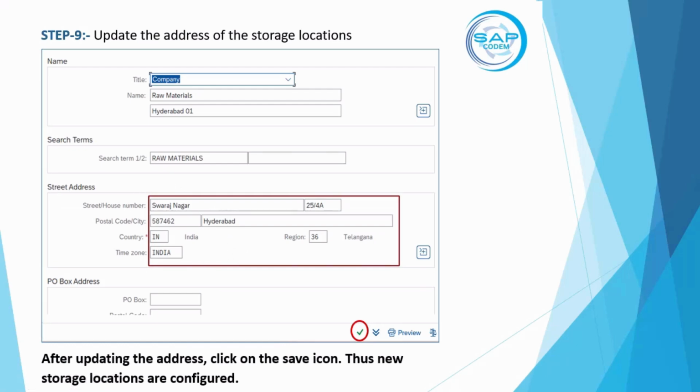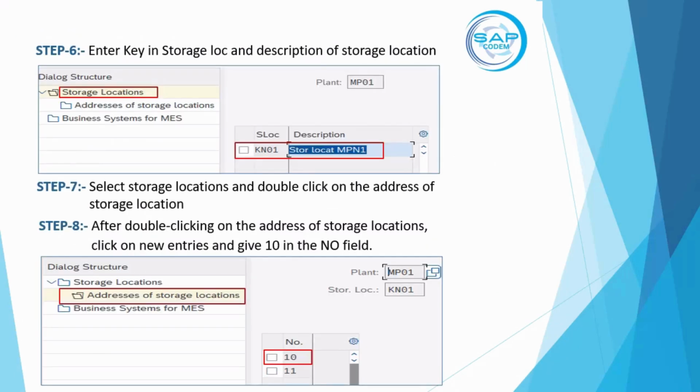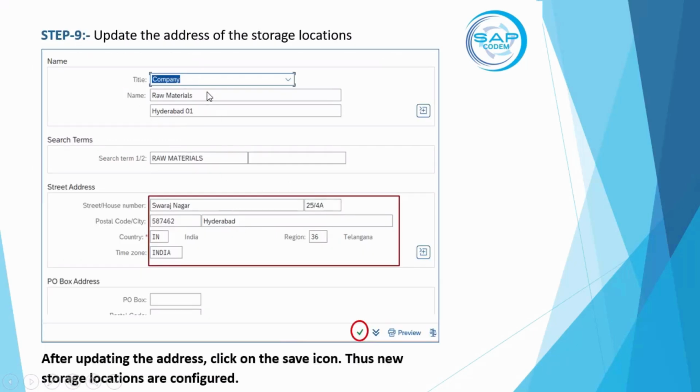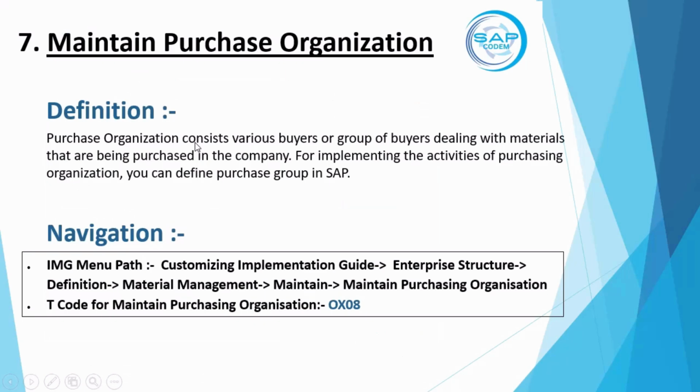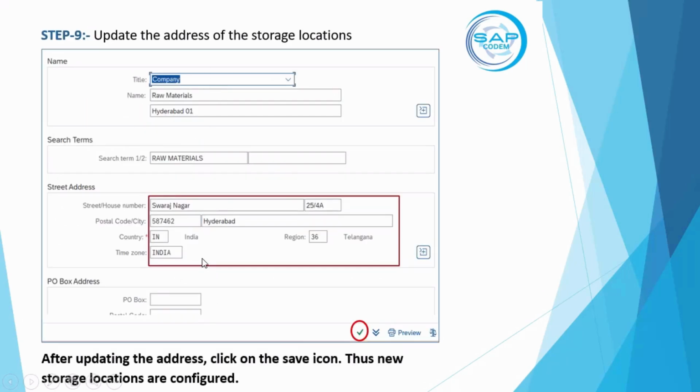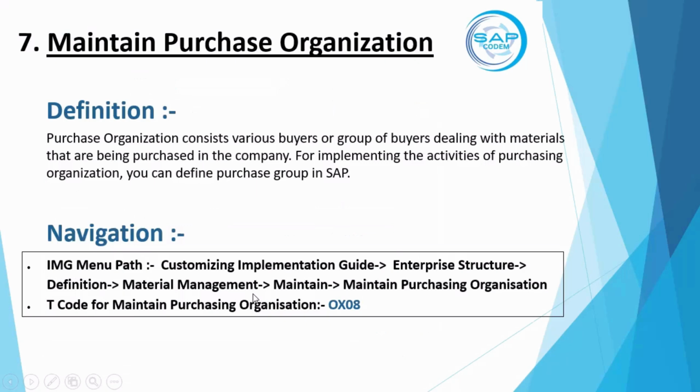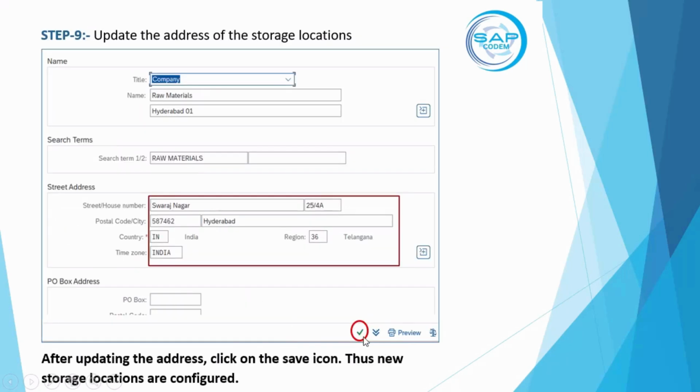There are at least two storage locations we need to create. Here one is created. The second one is understood automatically. You can create it following the same pattern. We created KN01. We will create KN02 also following the same pattern. Now, these details are filled in for the storage location KN01, and you click on save.